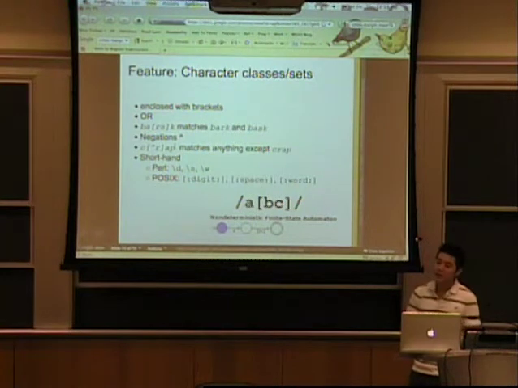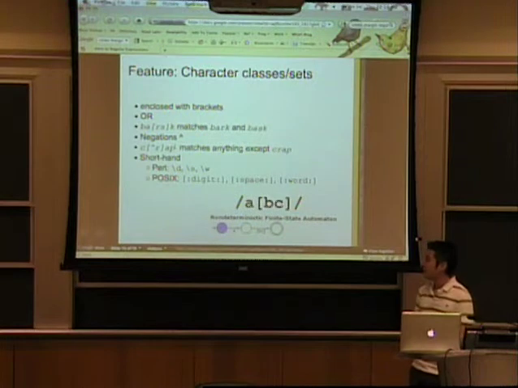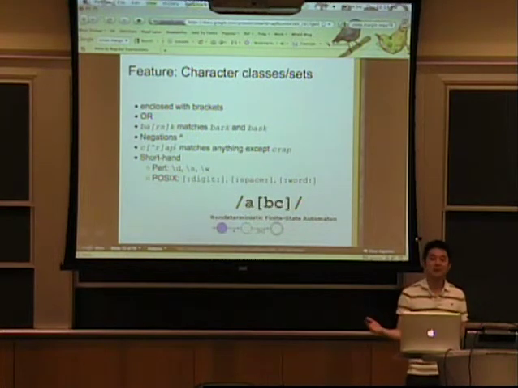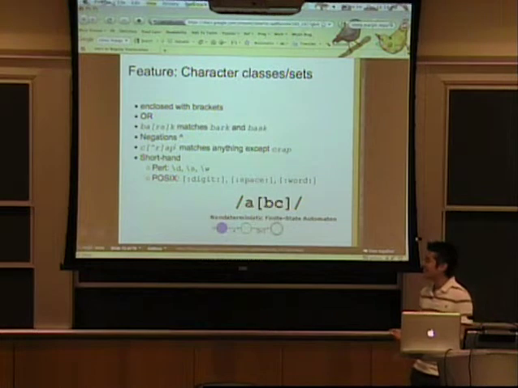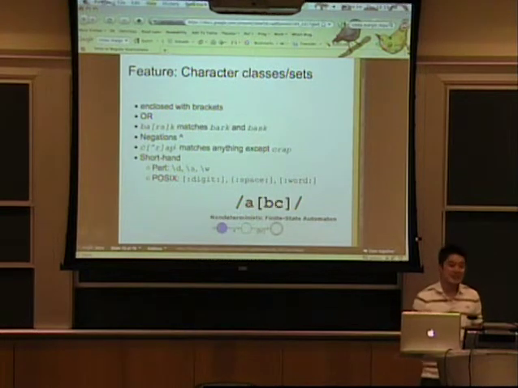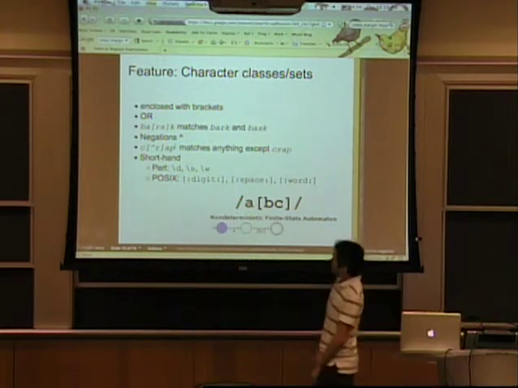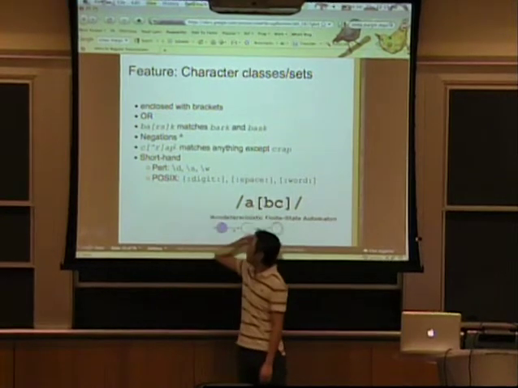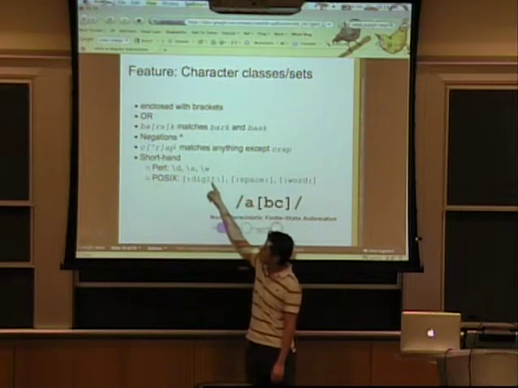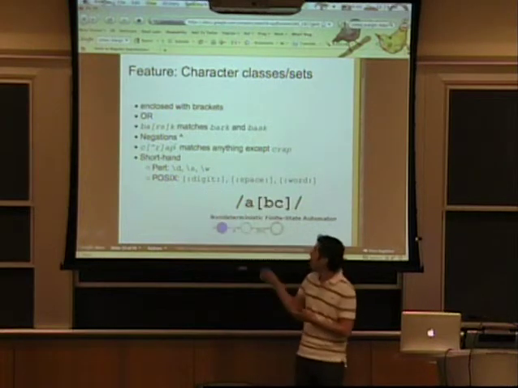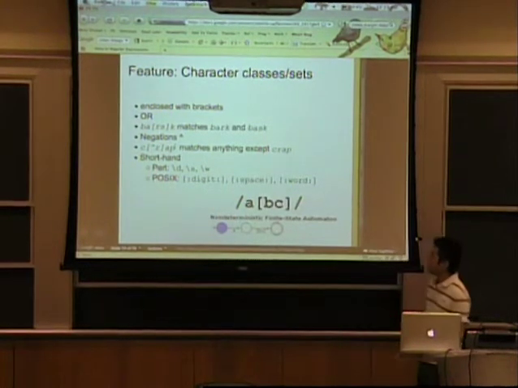There are also shorthands for certain commonly used classes. One thing that is very common for people to search for is all the ASCII alphabet characters, or the US alphabet. I'm not sure what to call that. And also digits. So this right here is a digit class, and this is a word character, which is a letter, digit, or underscore, and the S is a space.